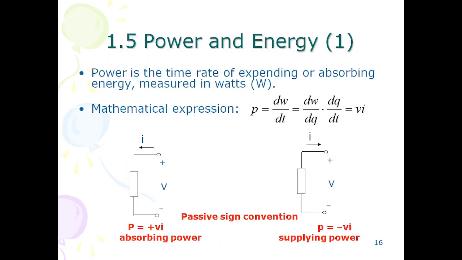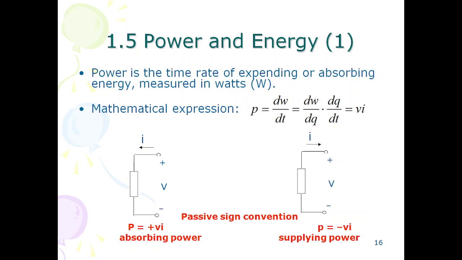Now the topic is power and energy. Power is calculated in watts, and it is the time rate of change of energy. Mathematically it is expressed as dW over dt.